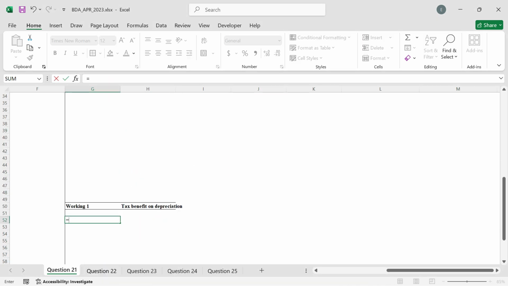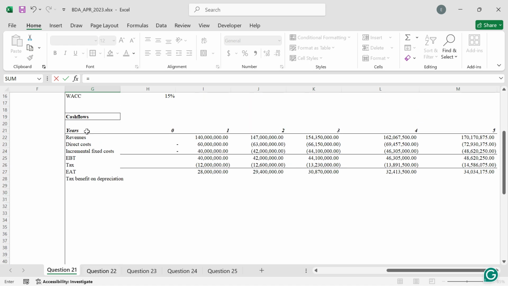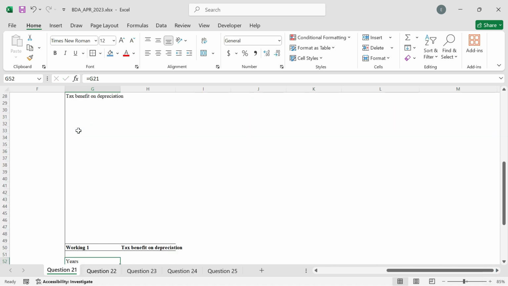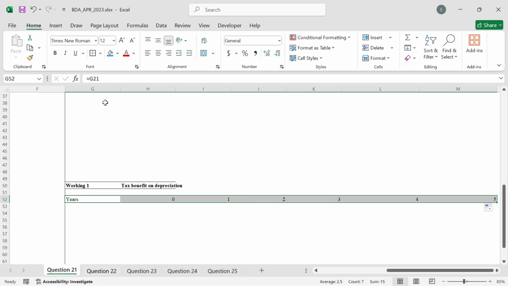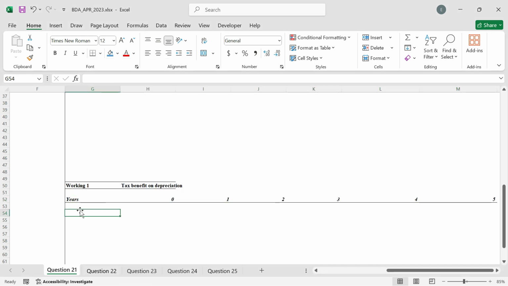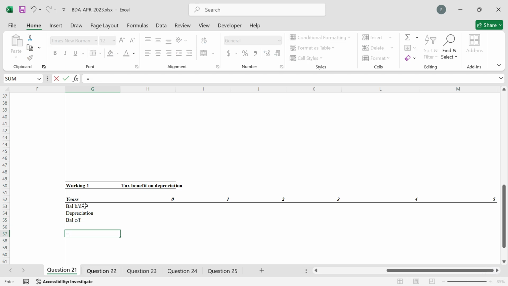Here we will need our years, from 1 to 5. Then I'll need the balance, note down the depreciation and the balance carried forward, from which I can find the tax benefit on depreciation.